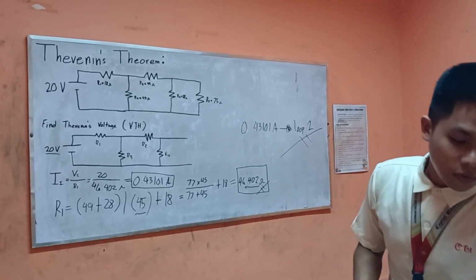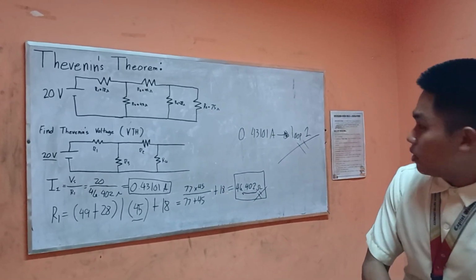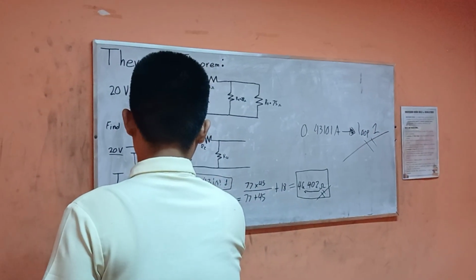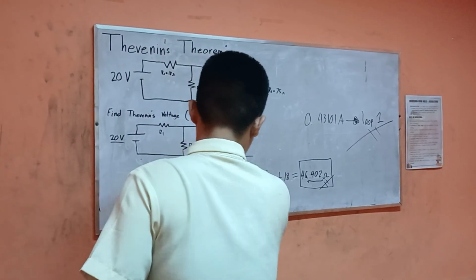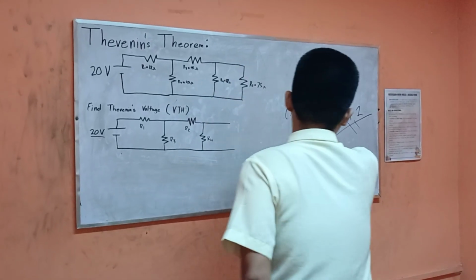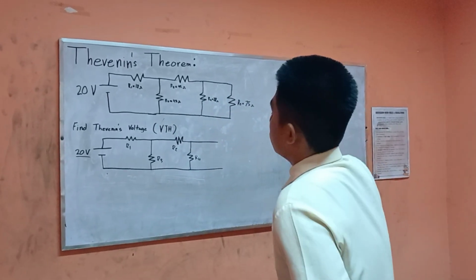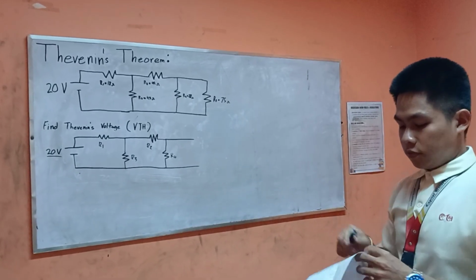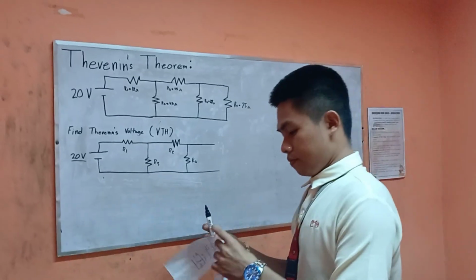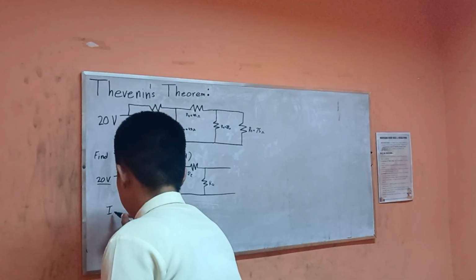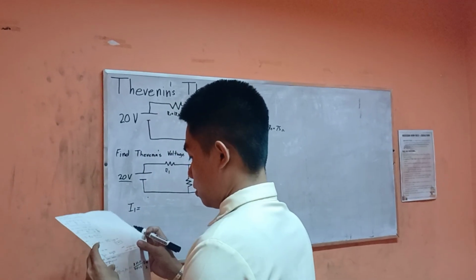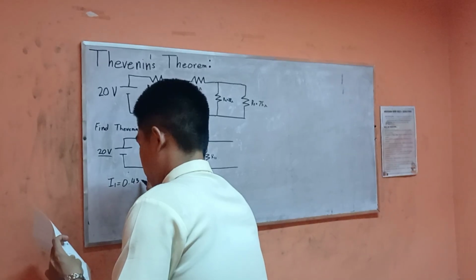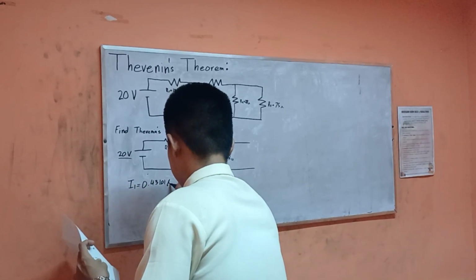Now for loop 2, let me erase this, but keep in mind the answer for loop 1. Now, solving for loop 2, we need to put I1 for loop 1 here, 0.43101 amps.